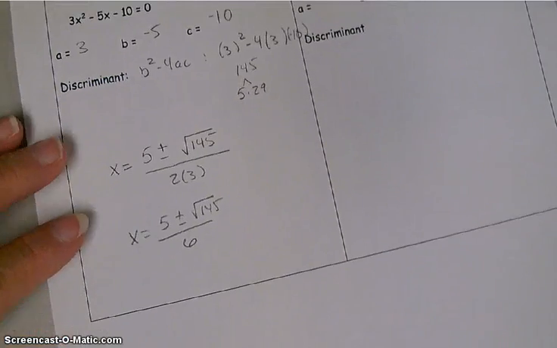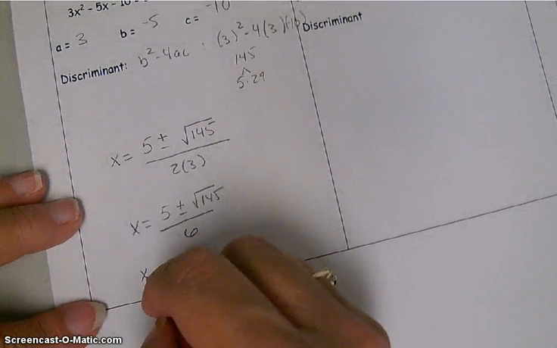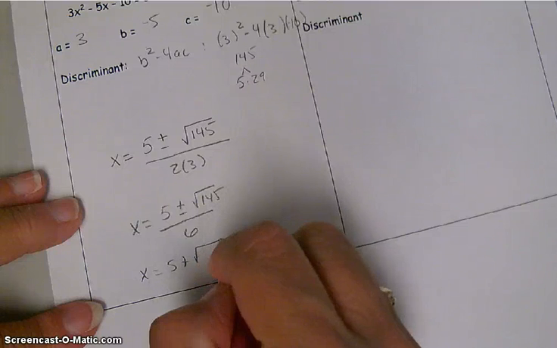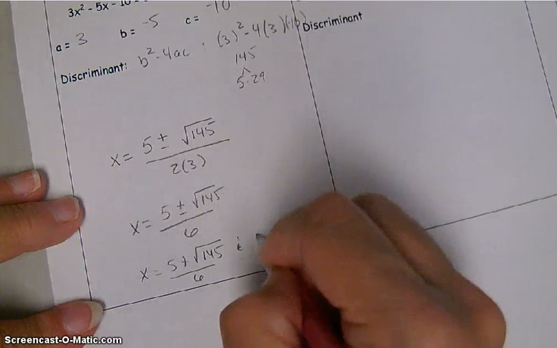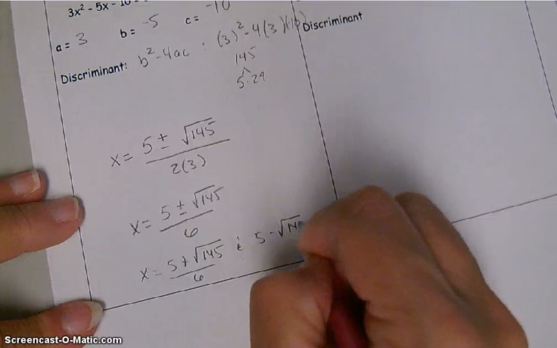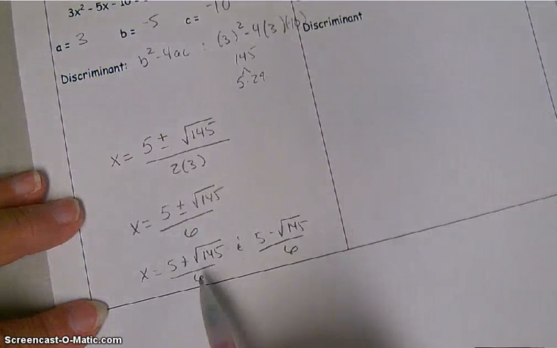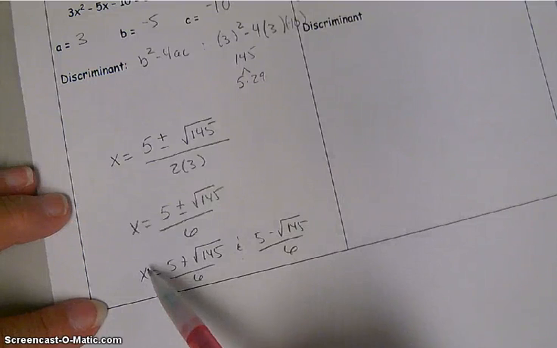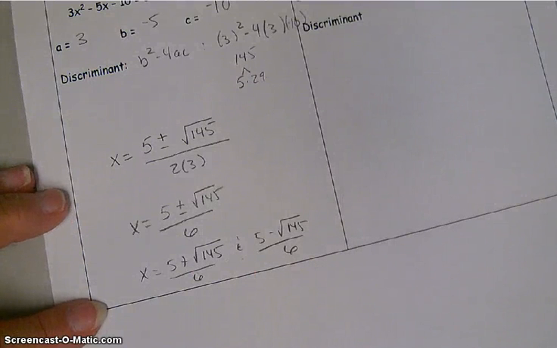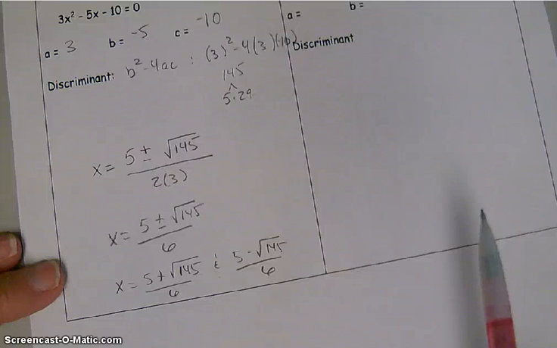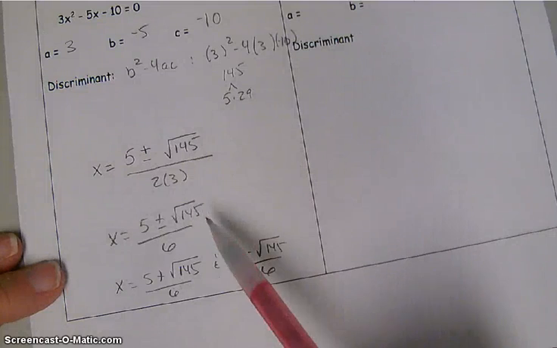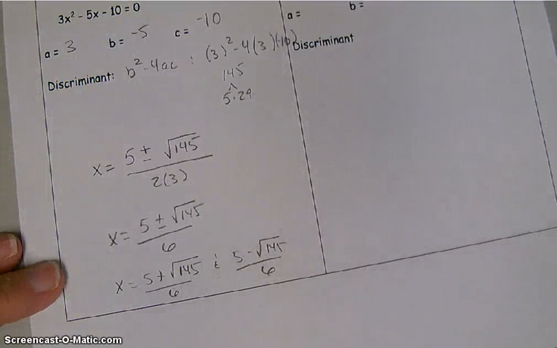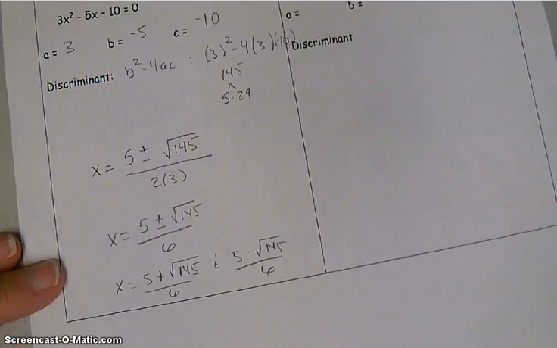Okay, you can leave it like that, or you can rewrite it as x equals 5 plus root 145 all over 6 and 5 minus root 145 all over 6, because we have two solutions, because it is a quadratic equation. And remember, these are irrational roots because this is not a perfect square, and whenever I have a discriminant that's not a perfect square, we call those irrational. So these are two real irrational roots.